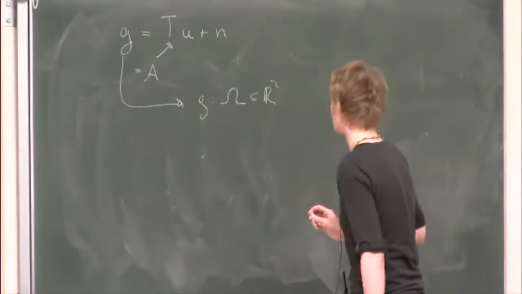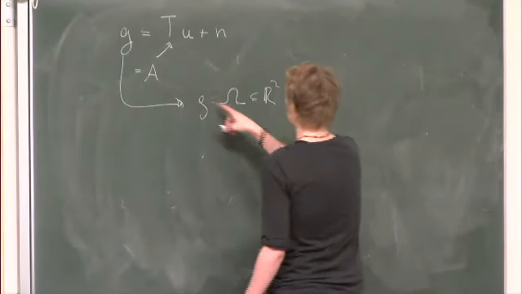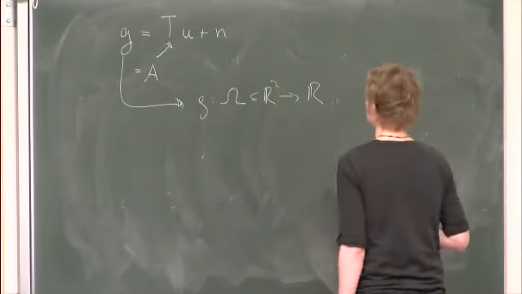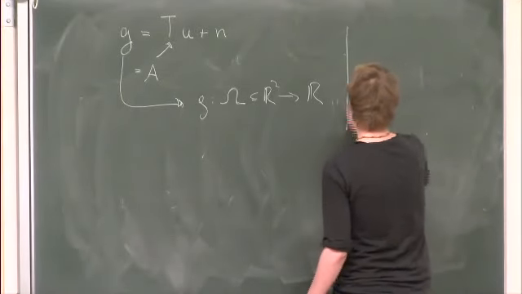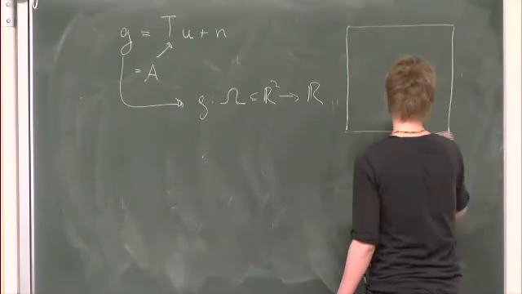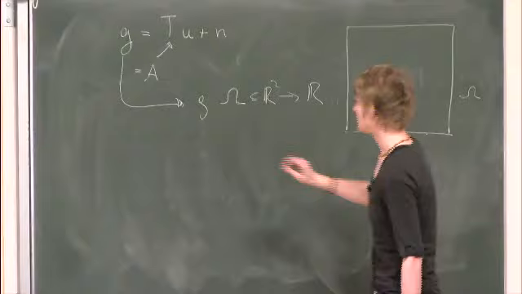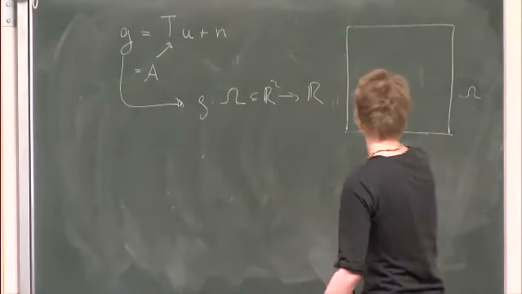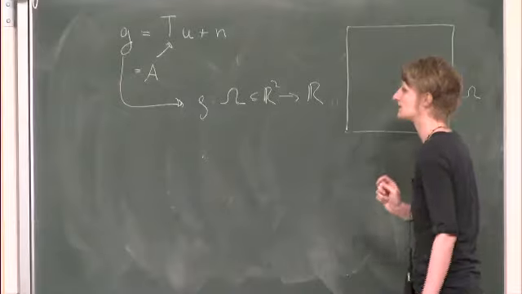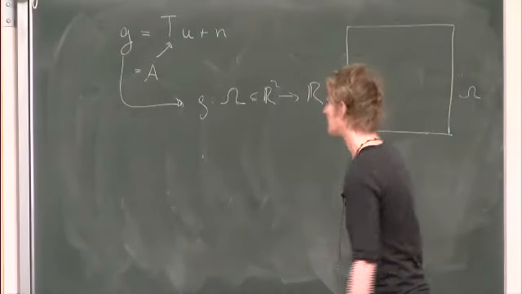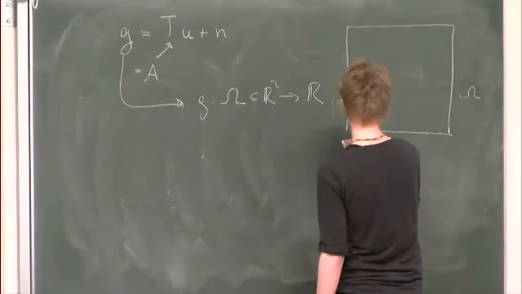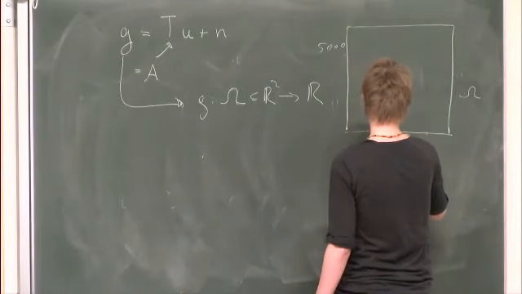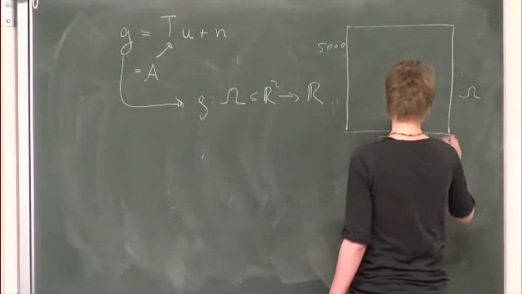It maps this domain omega into, say, the real numbers, and the domain omega, usually with images, is just a rectangular domain. G being large scale means that the domain omega on which G is defined is very large, so there are a lot of pixels involved. Say I have an image which is 5,000 times 5,000 pixels.